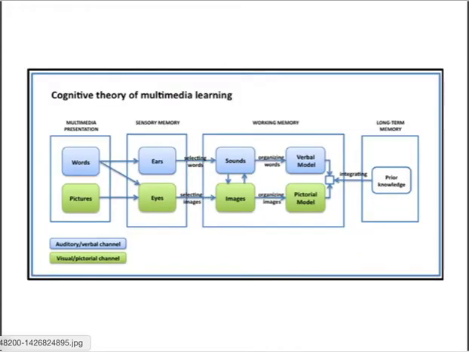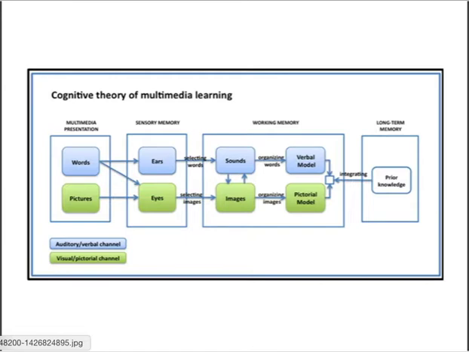So the underlying assumptions from these theories became the framework for the cognitive theory of multimedia learning. Advocates of this CTML theory believe that when stimuli enters working memory and becomes too concentrated in one input channel, so it's all visual or it's all audio, working memory's capacity is more easily reached or exceeded and the learning process is inhibited.